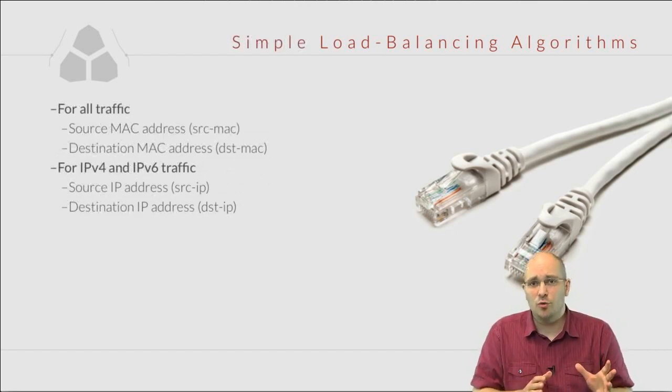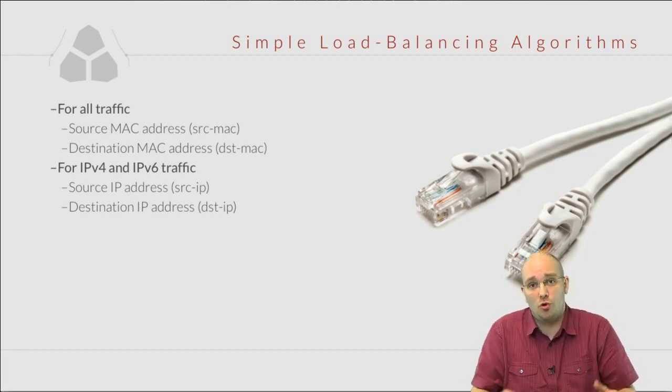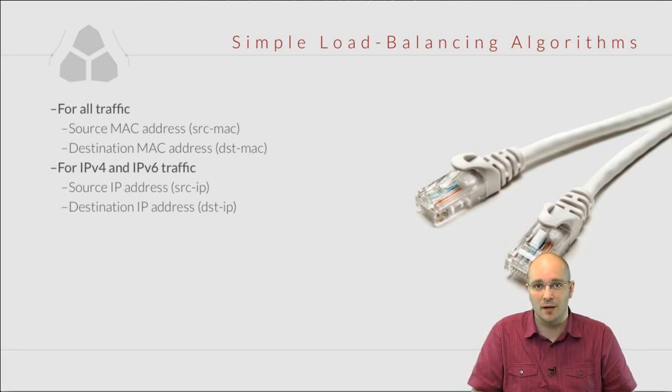First of all, we have to determine which traffic we are trying to load balance. Is this IP traffic or non-IP traffic? IP traffic is, of course, what we are used to calling IP traffic. Traffic that has IP addresses in IP packets. Also applies to IPv6.